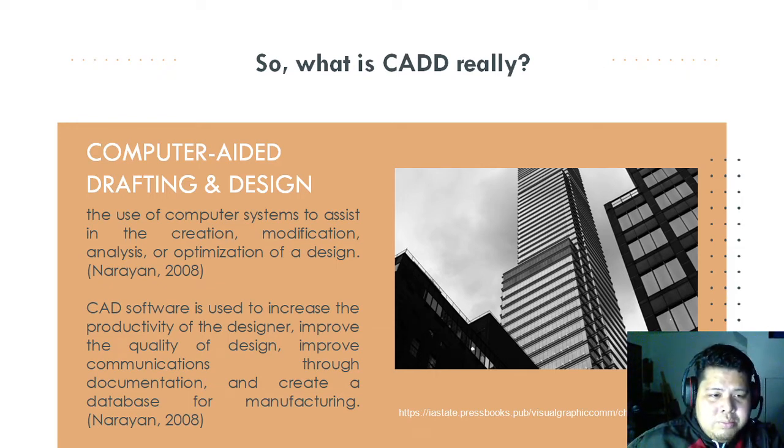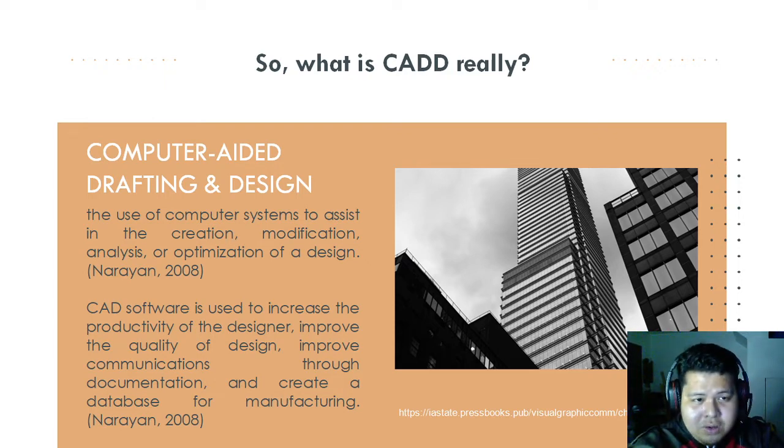So these are based from the author Narayan in 2008. Okay? So basically, ang sinasabi dito, yung paggamit natin ng computer systems such as AutoCAD, such as Revit, such as SketchUp, all of these collectively is known as computer-aided drafting and design.